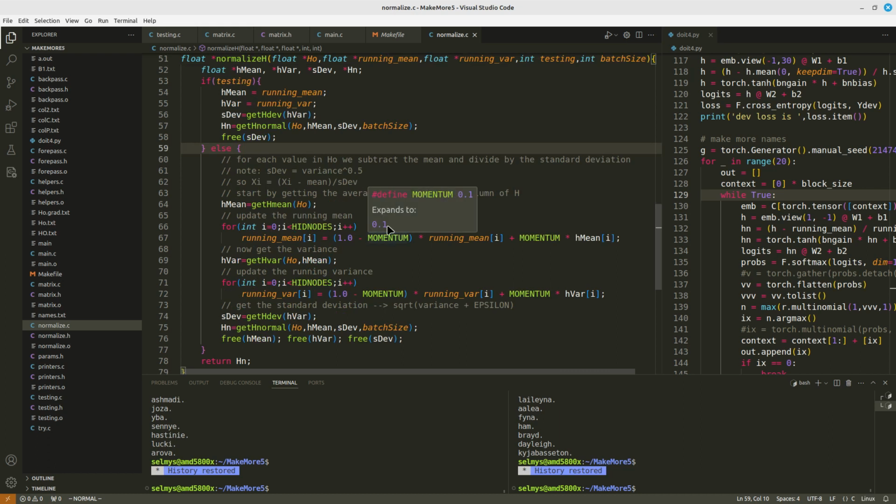So what we have to do is get the mean here, and we also want to update the running mean. And remember, I talked about that just a bit back. The running mean and the running variance are used during the generation of new names.